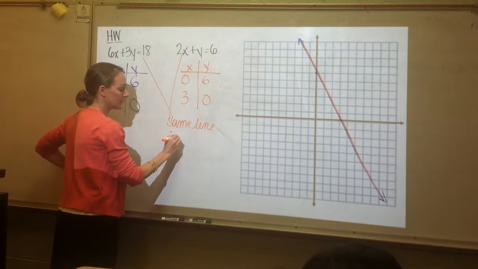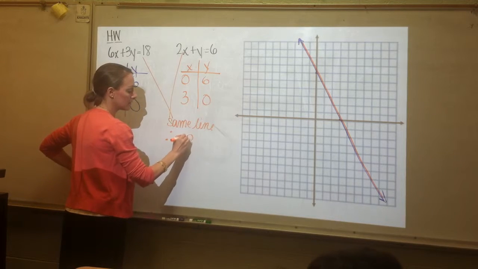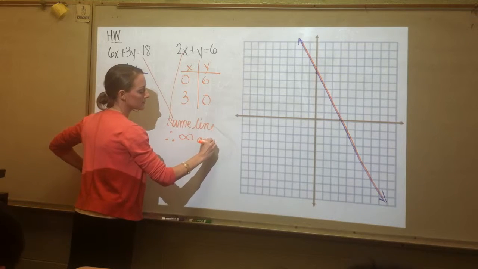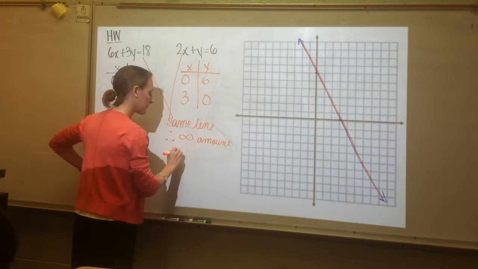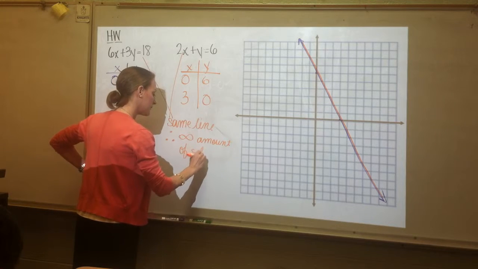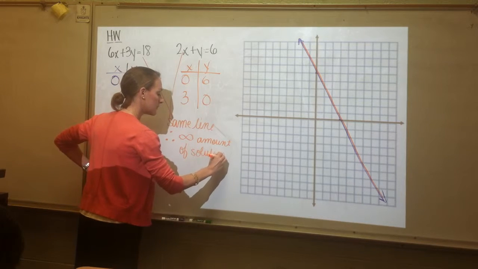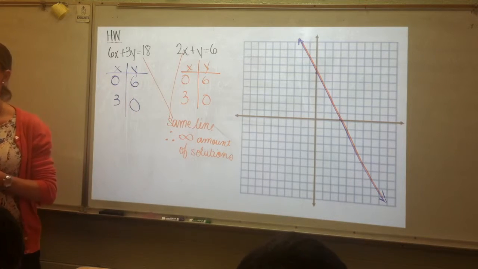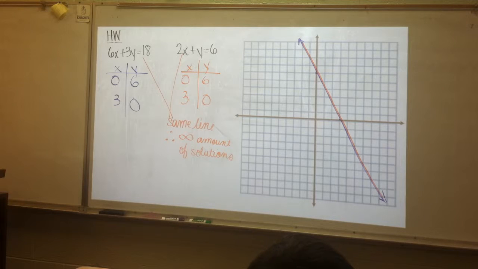Therefore, they have an infinite amount of solutions, that's the symbol for infinite. An infinite amount of solutions. Every single point along the line is going to be true for both equations.